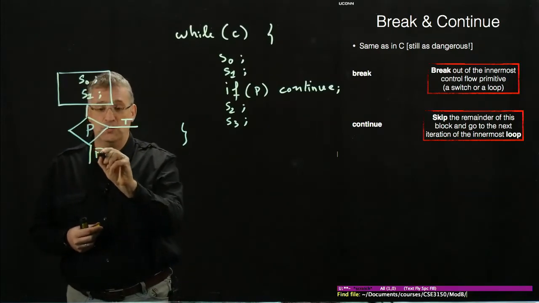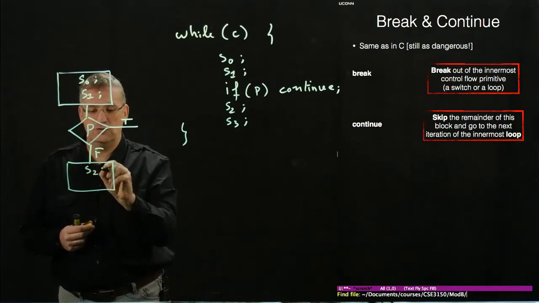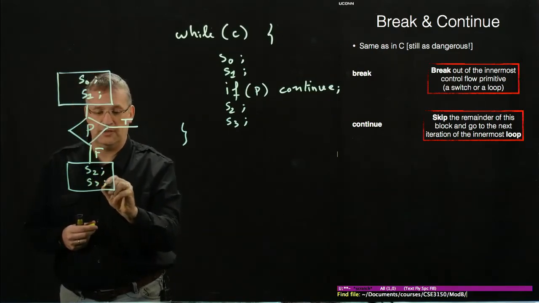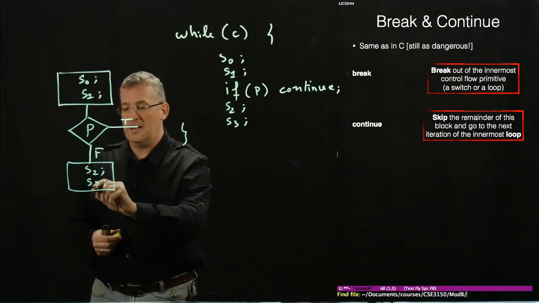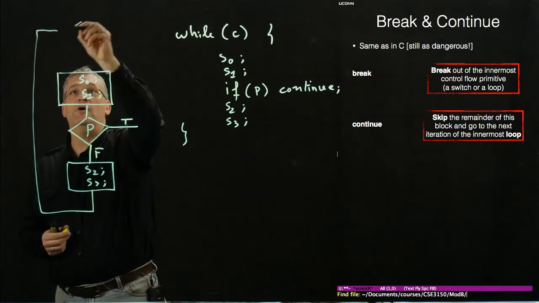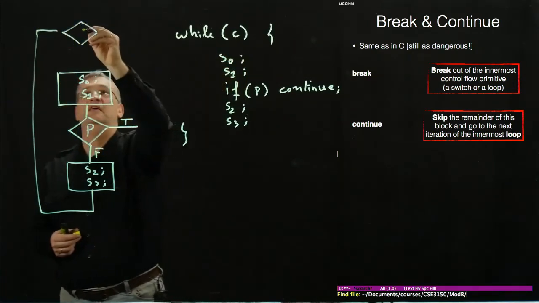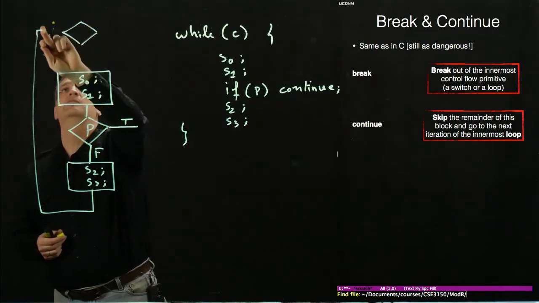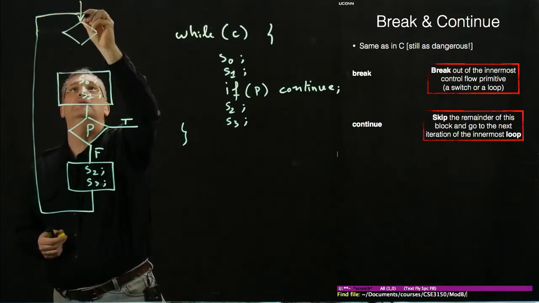If it happens to be false, I go into a block that does S2 followed by S3. Once this is done, S2 and S3, well, I go back to the top where I'm going to do that other condition, which is my predicate here. So I will come, and let me draw that a little higher.